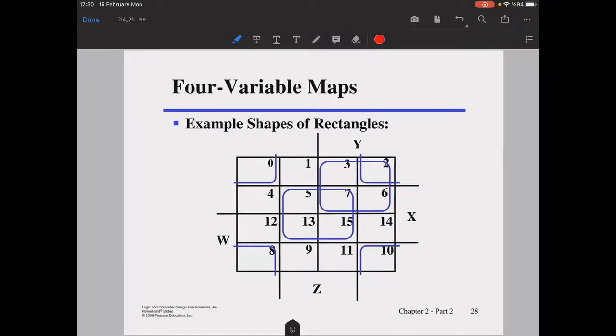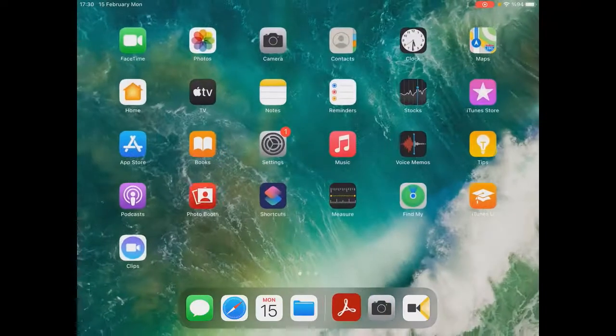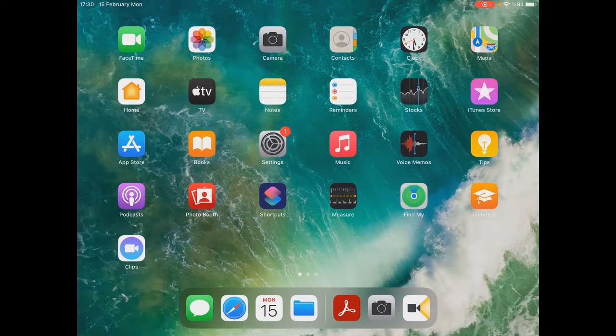Let's write this first. This one is pretty interesting, right? They are all neighbors, you understand? Not only in the horizontal dimension, in the vertical dimension they are also neighbors. Let me show it to you again.